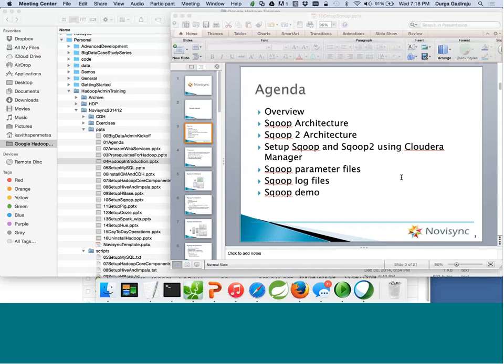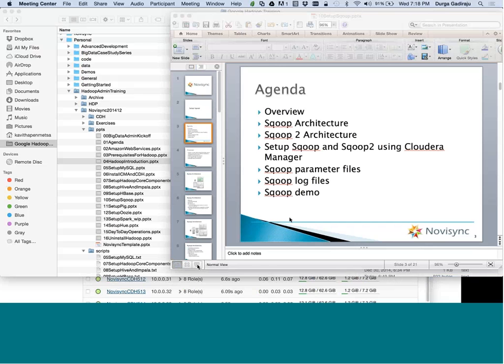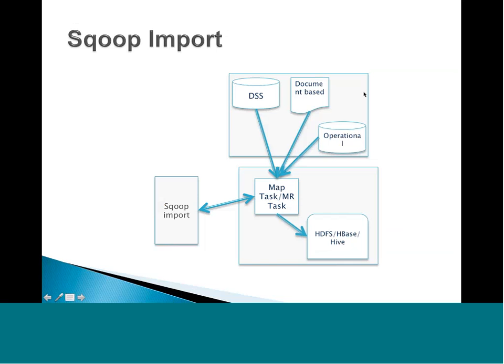We will get into those details when we actually do the demo. I will explain that. That is a very good question actually. So Sqoop import will actually get the data from source into the HDFS.